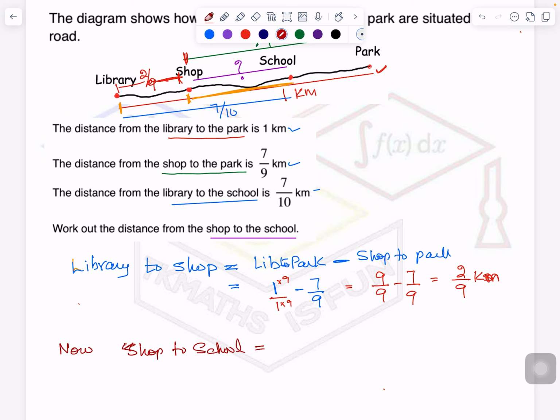You will do library to school minus, yes, quickly tell me, easy, absolutely right, library to shop. Makes sense. So now library to school is in blue color, which is 7/10 given to you, and library to shop you have just calculated, it is 2/9.